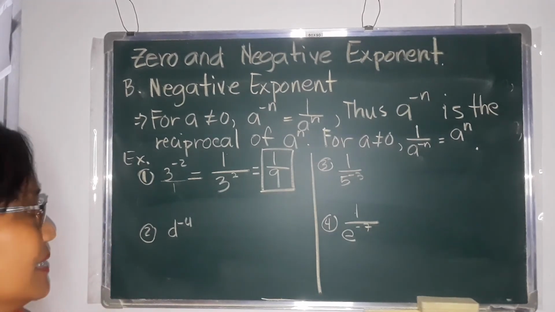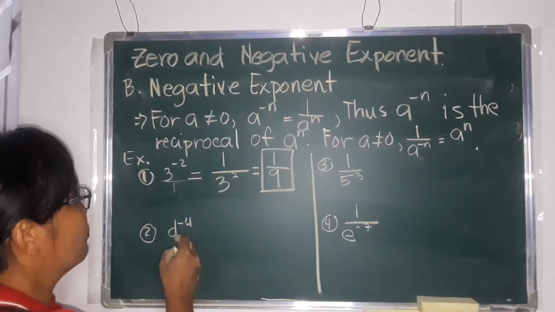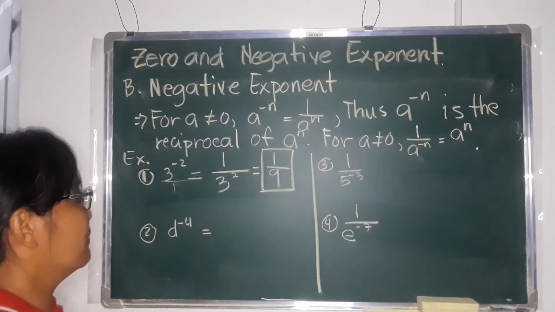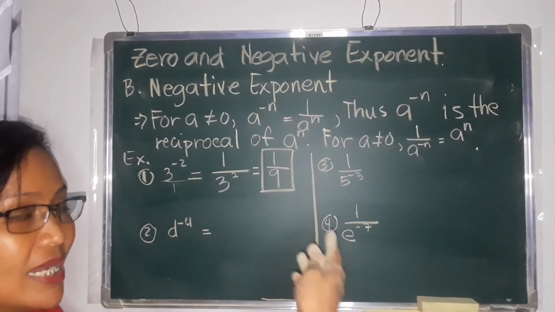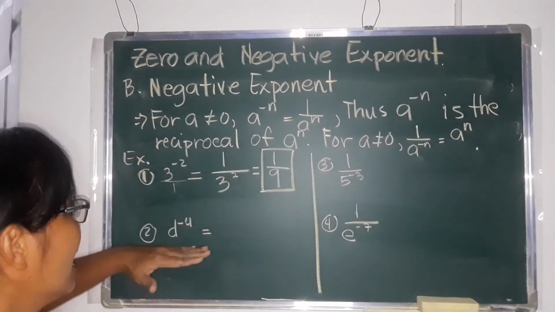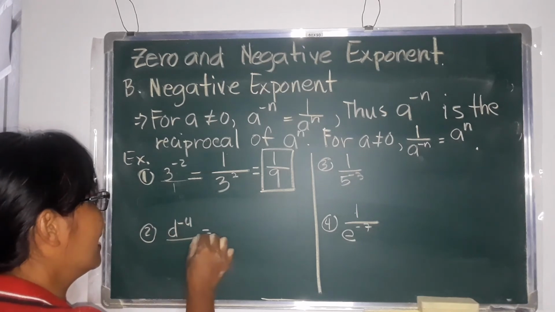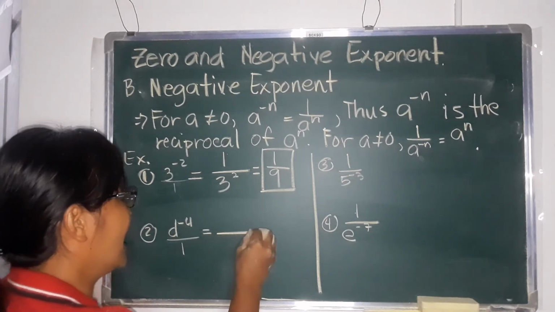Next, example number 2, we have d raised to negative 4. So how do you get the reciprocal of this? When we say reciprocal, interchange the numerator and the denominator. Again, if this is considered a whole number, there will be 1 below. So again, make a line.